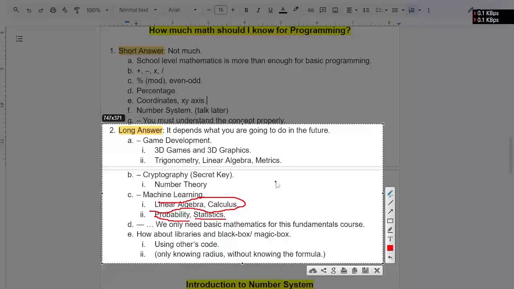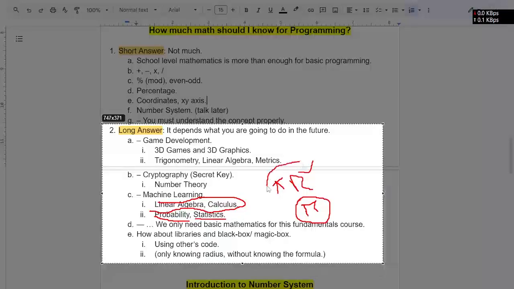we know the area of a circle is pi r square, but if you have only the radius of that circle, and if you have some box or any kind of magic box, you throw this radius into that box as input, and as the output you will get the area of that circle.